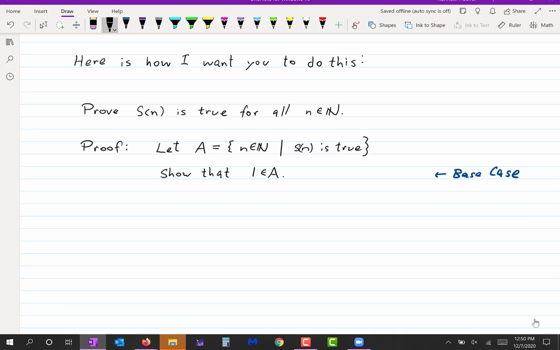And then I want you to, this is literally just writing down a sentence: Suppose k is in A for some natural number k. That's your inductive hypothesis.